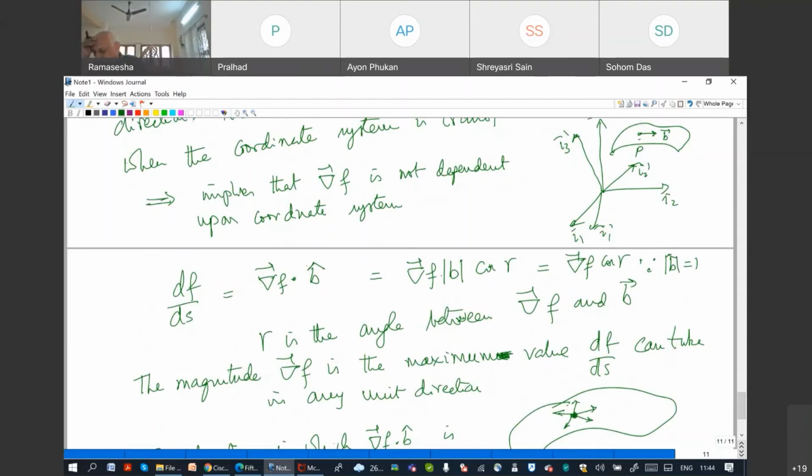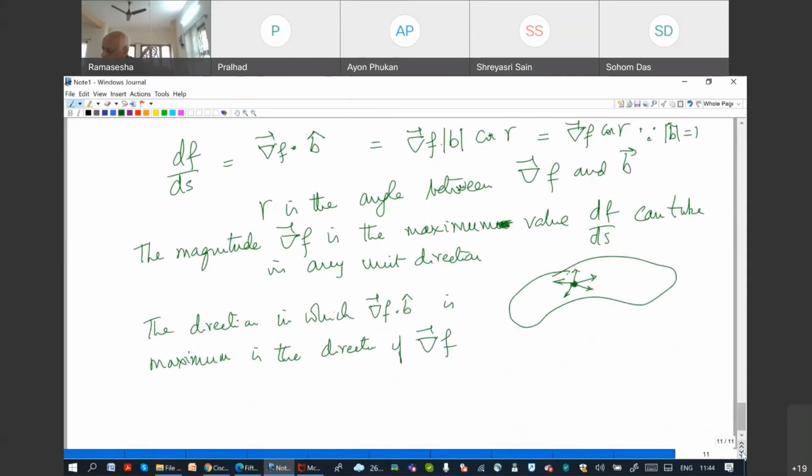What is the maximum value cos gamma can take? 1. So when is it 1? When the angle between b and grad f is 0, which means grad f has the direction of b, where it has the maximum value. Okay, so that's how you define the direction.